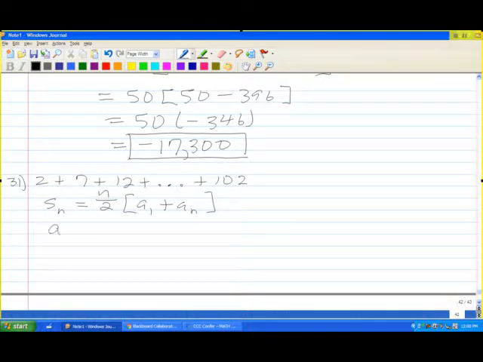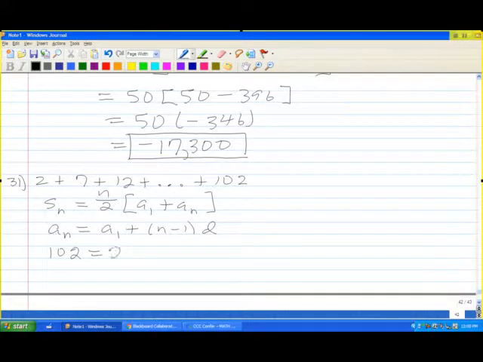I know that the formula for the general term is a sub n equals a1 plus (n minus 1)d. Therefore, I can figure out n, the position of the term 102. So let's look at the term 102 and see what term that is in the sequence.